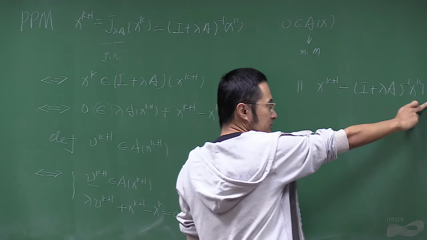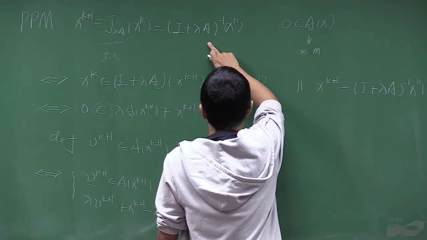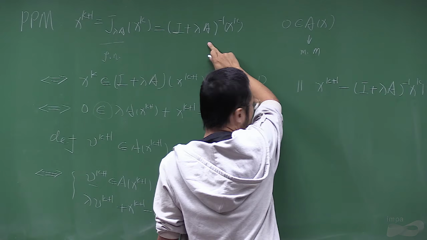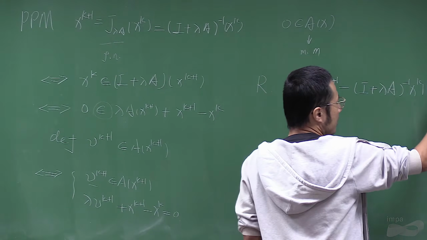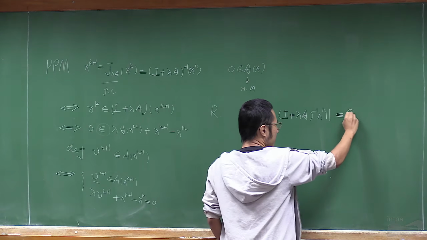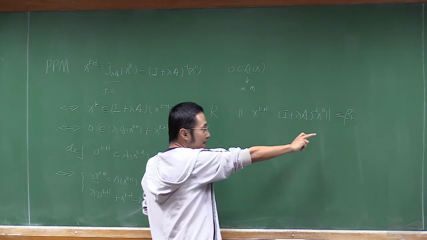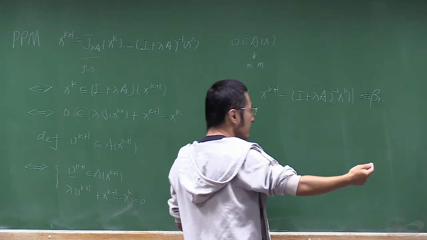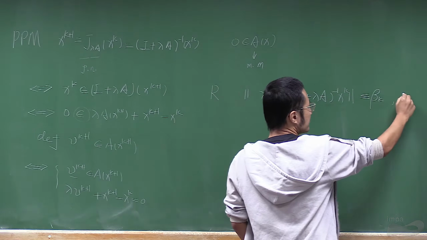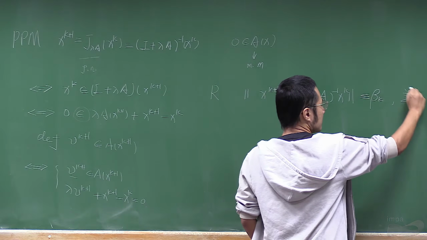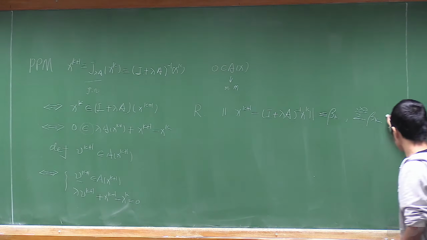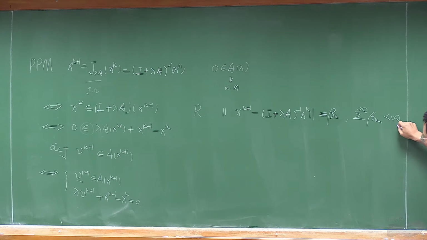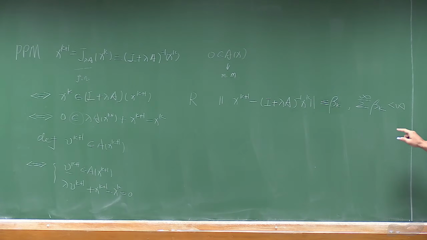If it is 0, then you solve this proximal step exactly. So we permit some error beta k in each iteration. And if this error beta k is summable, then the algorithm converges.